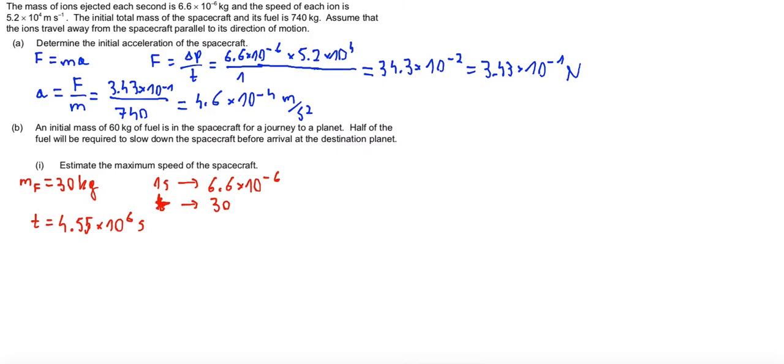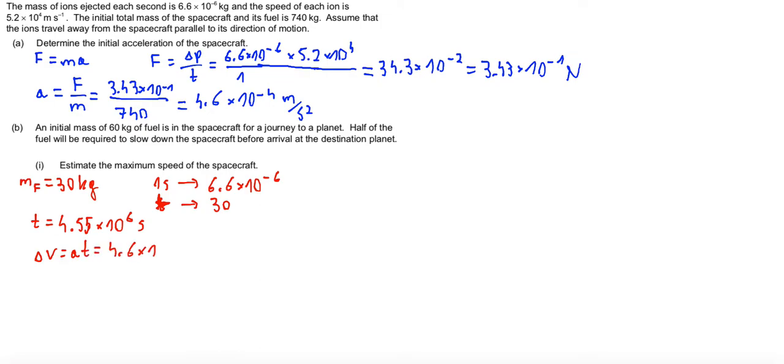And we have to find the maximum speed. There is an equation that v squared is u squared plus 2as. No, this is not a good equation. For maximum speed, we can use the change of velocity as the product of acceleration and time.